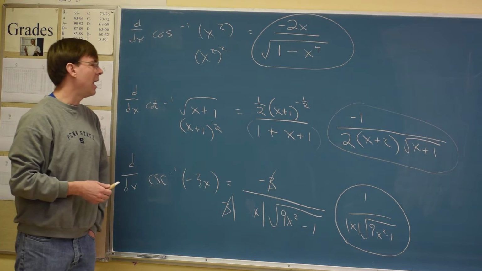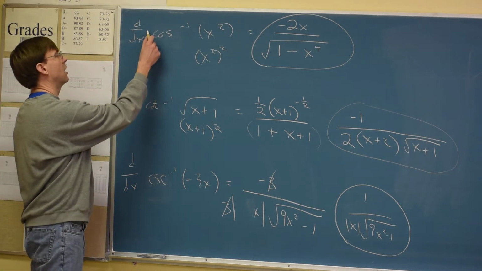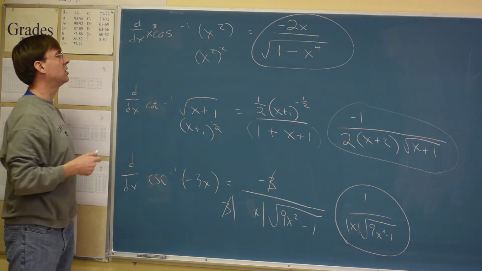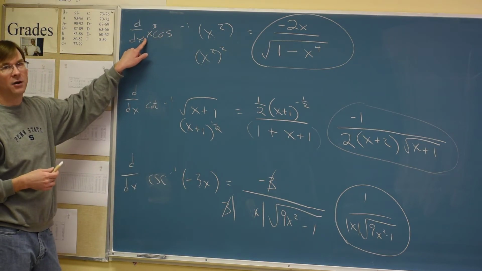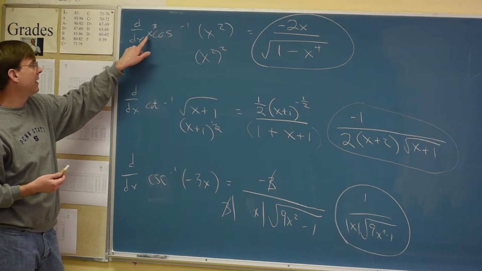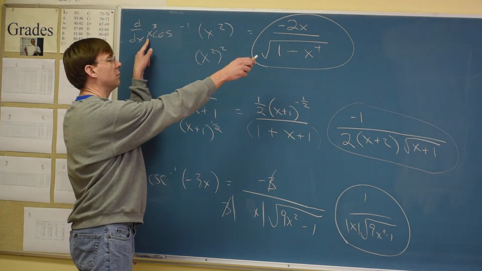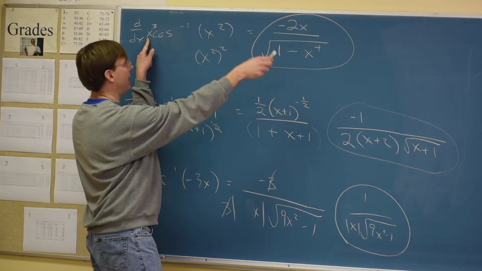The second thing that I would guess they probably do, either now or later with these, is throw in something like an x cubed before it. And now you have to do the product rule. You have to take the first, x cubed, times the derivative of the second, which we made.